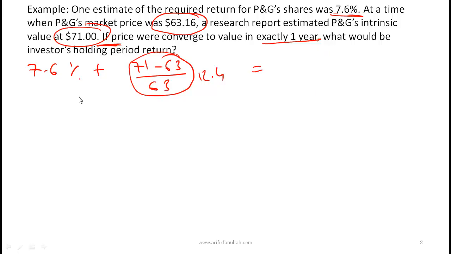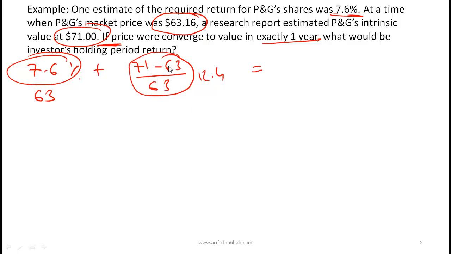If you currently have a price of 63, what you are expecting is a double barrel, or two good things happening. One is you are expecting, based on the riskiness of the stock, that return of 7.6% over the 1 year period, and you are expecting this return also.